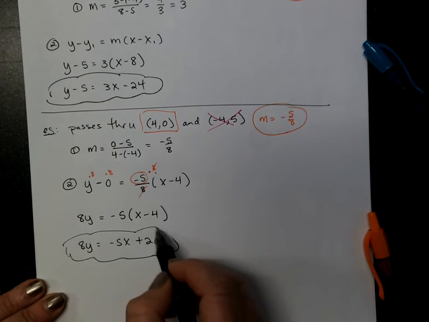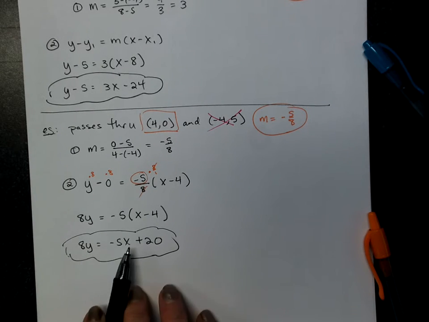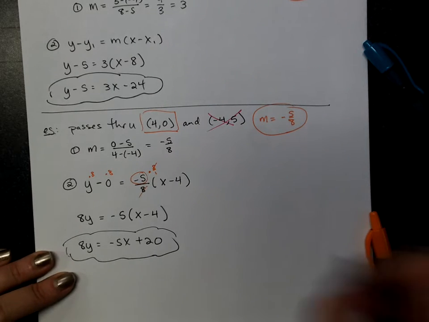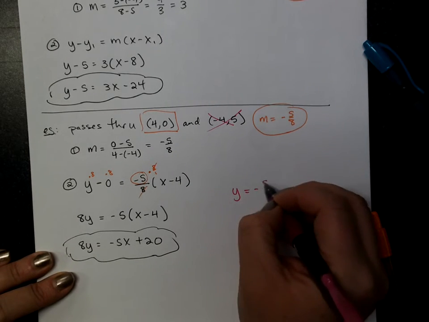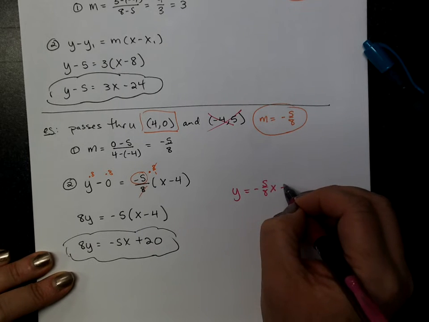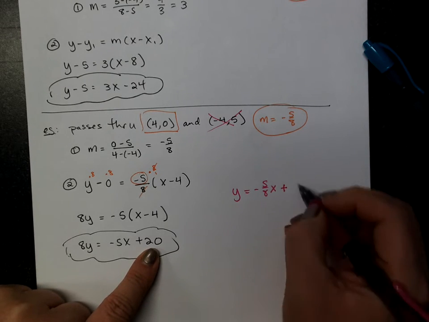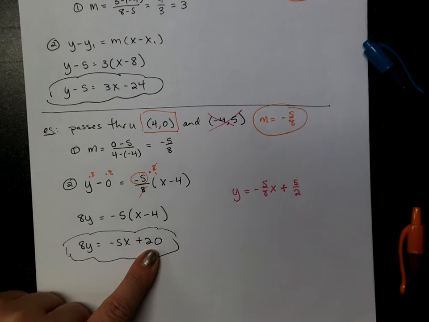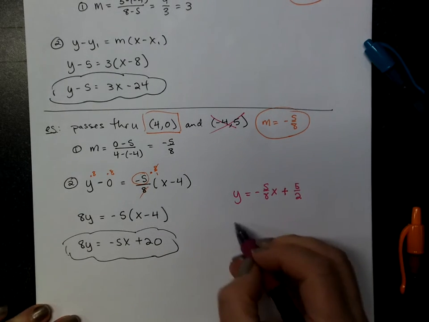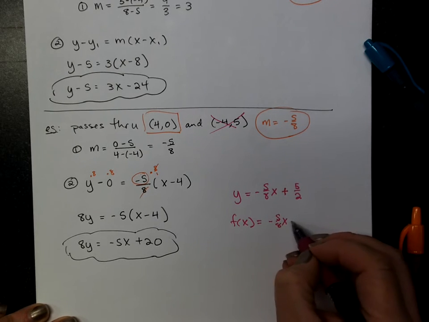Now I'm not done. I either have to divide everything by 8 if I'm solving for y or function notation, or I have to move this 5x over to the left. So I'll either end up with y equals negative 5/8 x plus, because I'm dividing everything by 8, 20 divided by 8, which reduces to 5/2, fraction in lowest terms. f of x equals negative 5/8 x plus 5/2.